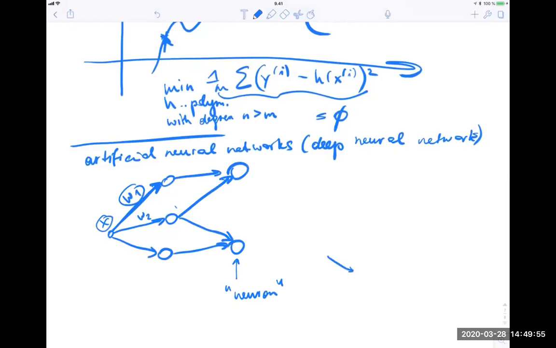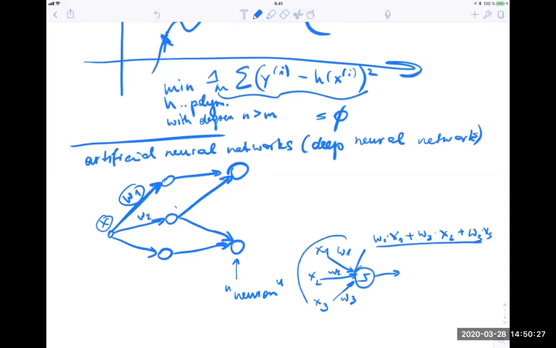And what a neuron does is very simple or stupid in some sense, so not very complicated. So it computes the weighted sum of all its inputs. So it computes internally, let's write it out, W1 times X1 plus W2 times X2 plus W3 times X3, the weighted sum of the inputs using the weights along the edges, and applies a nonlinear function, which we call activation function.